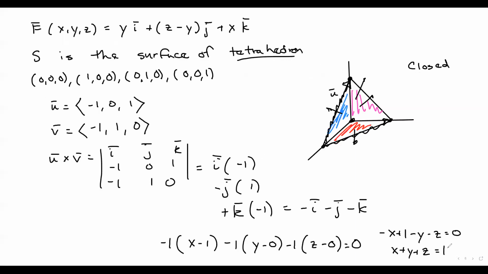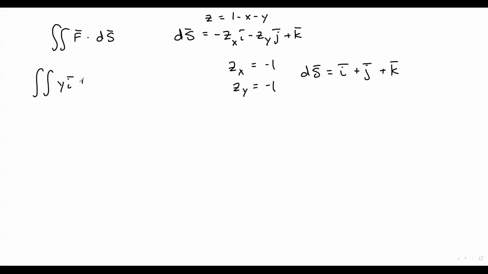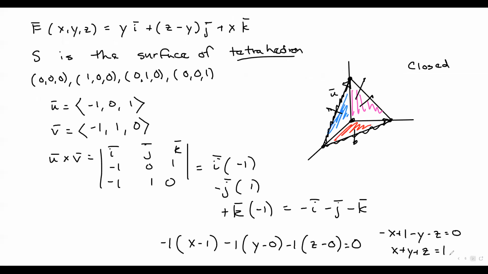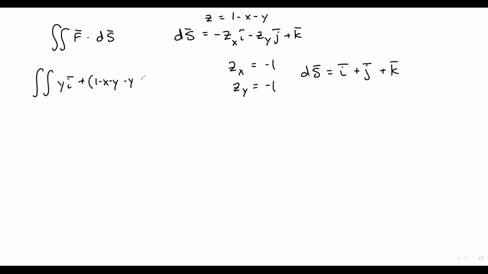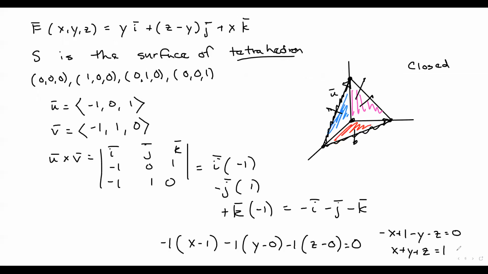And then what's next? Then we have z minus y. Oh, we do want to replace z's. So replace z with 1 minus x minus y, and then minus an additional y, j. And then what's left? We have plus x k.